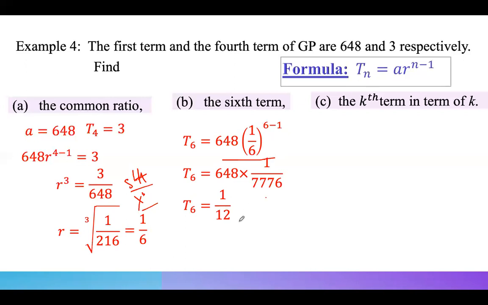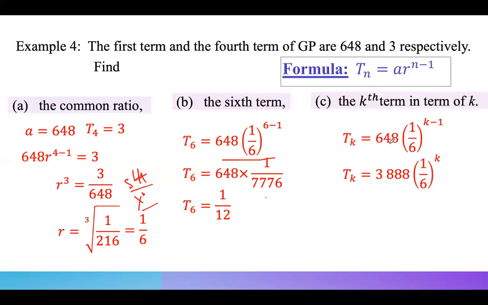Okay, so this part you can use the calculator, but for part C we cannot use the calculator because it's the K term. So don't worry, we apply the formula. TK equals 648 times 1 over 6 to the power K minus 1, right? So we simplify. How to get 3888?